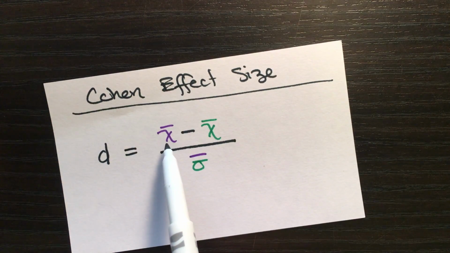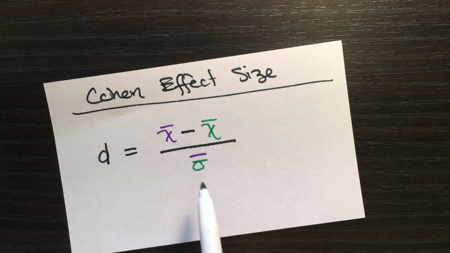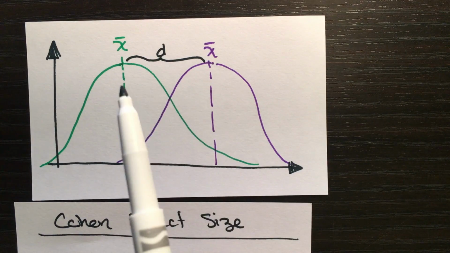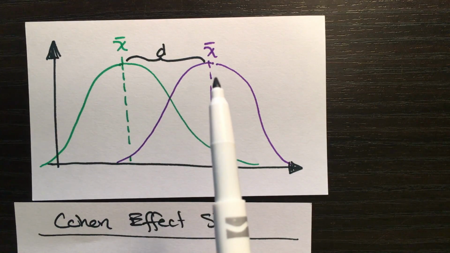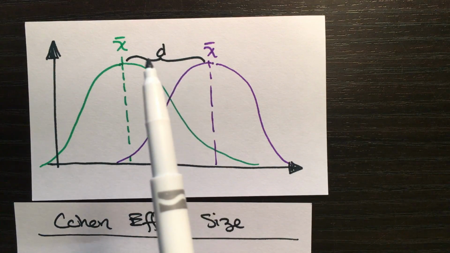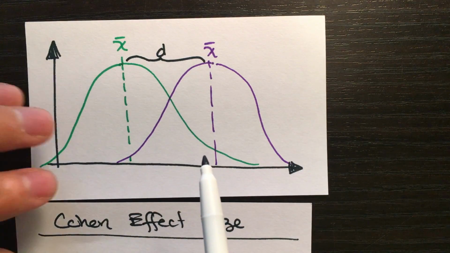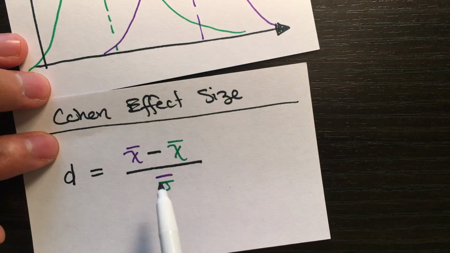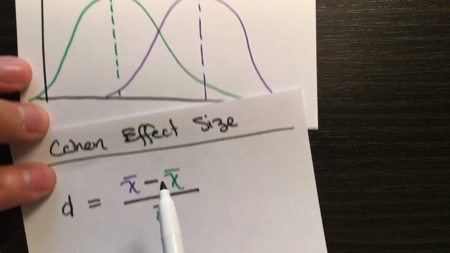So the difference in means divided by the average of the standard deviations. And this is what that looks like. You have two distributions and then the difference between them. Though this visual is a little misleading because it doesn't take into account this denominator term.